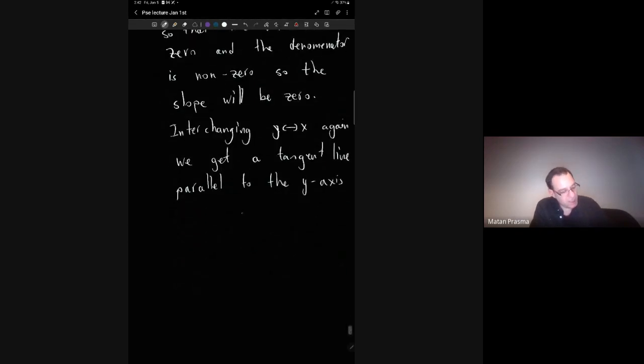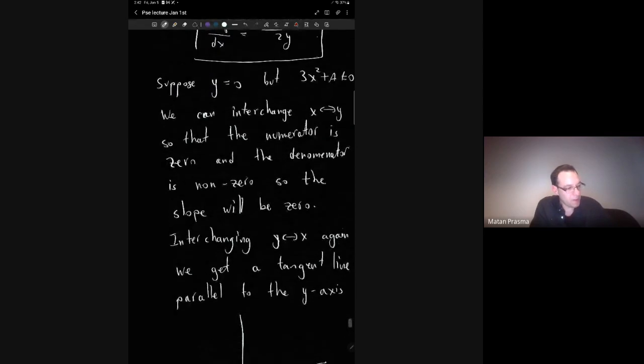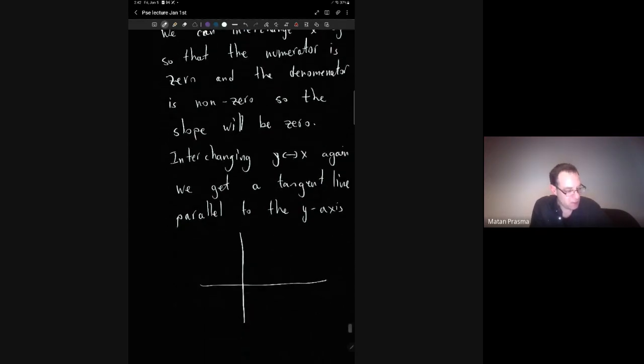So the picture here is, if y equals 0, but this expression 3x squared plus a is non-zero, then this is in fact the point here, or it could be one of the points here.